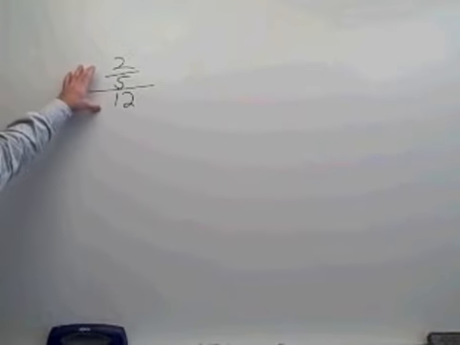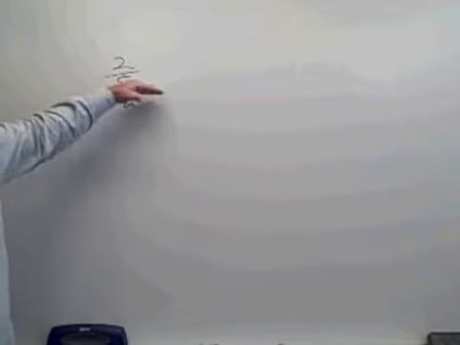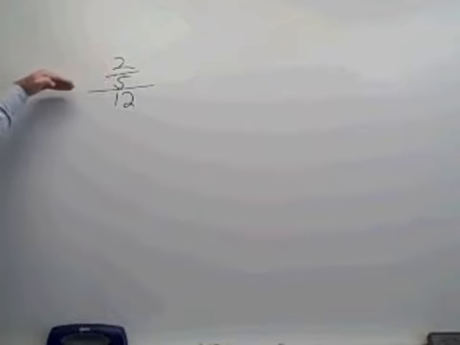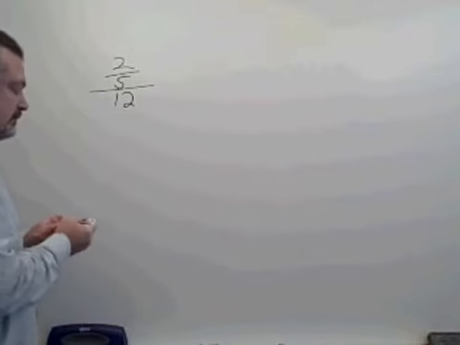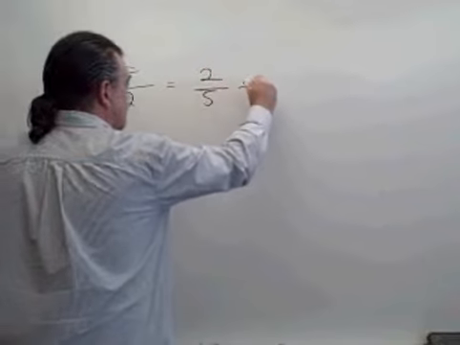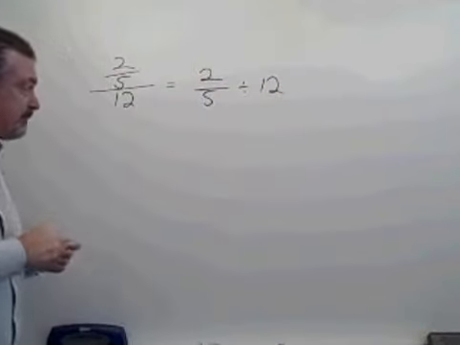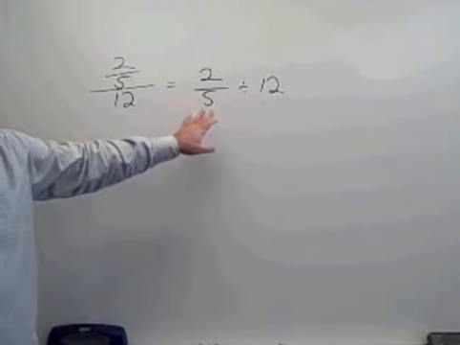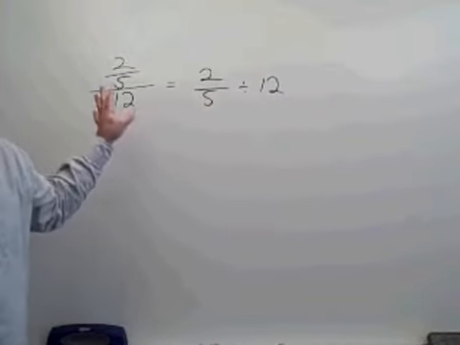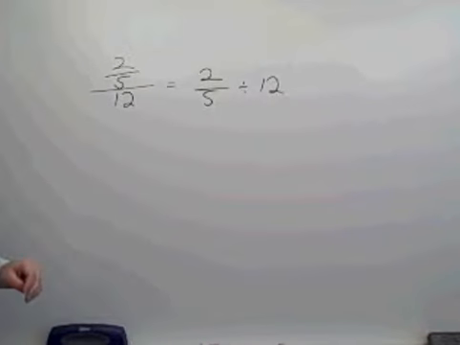So we will rewrite this complex fraction as a division problem: 2/5 divided by 12. Now we can simply perform that division as a way of simplifying that original complex fraction.